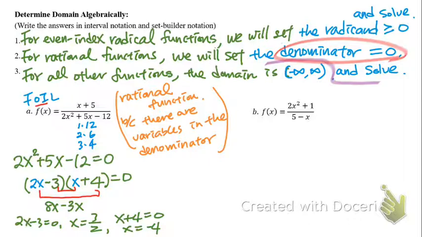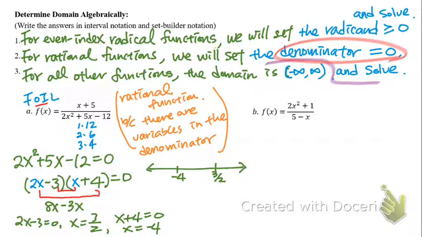So what happened here is, in the entire real number system, or if I look at the real number line, there are two numbers that shouldn't be in the domain. The two numbers we just found are -4 and 3/2, or 1.5.